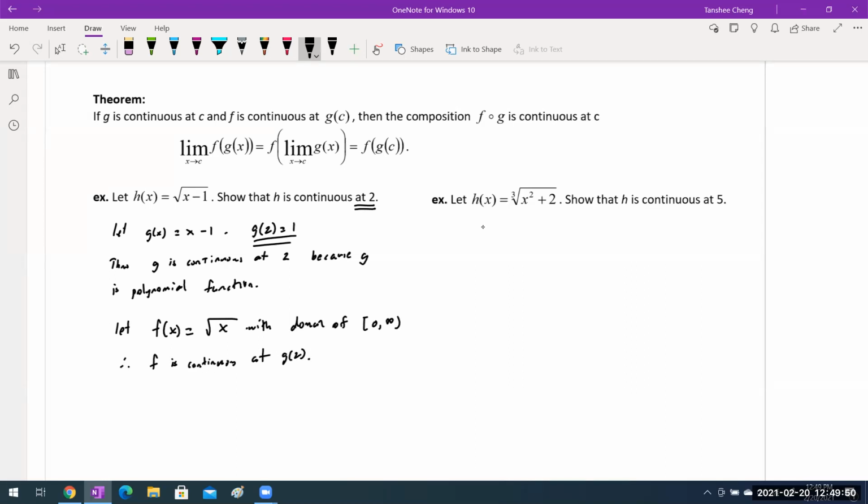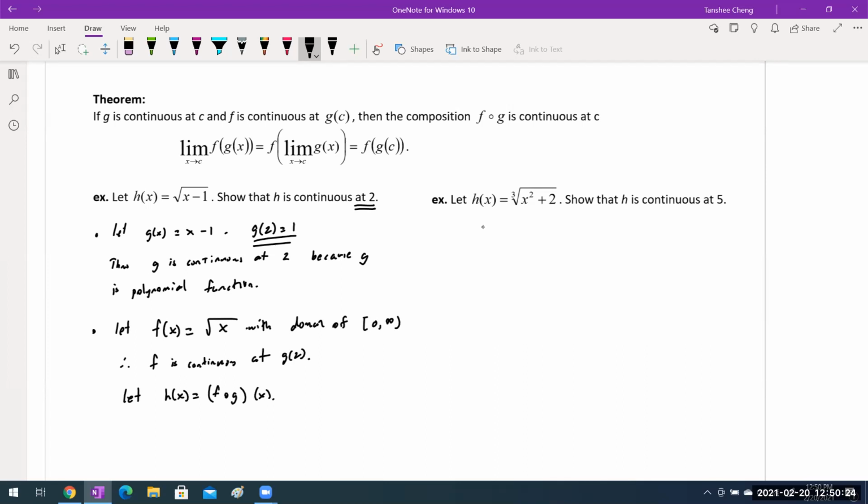And now let h of x be equal to f composed g of x. So we have taken care of g function is continuous and f function is also continuous, right? Because g of 2 is in there at 2.